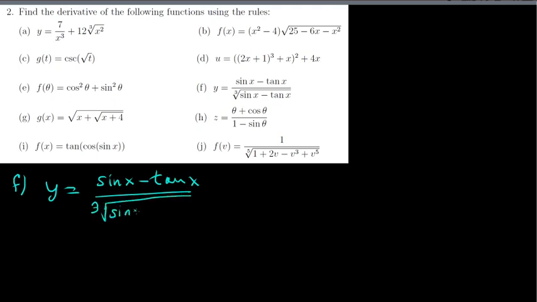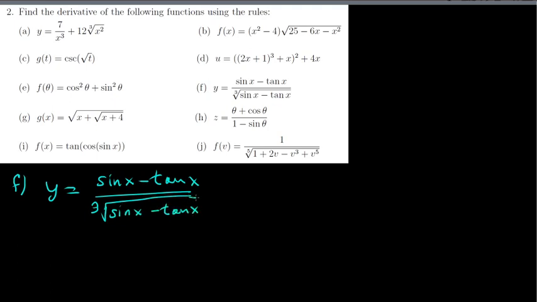All right, so that brings us to F. And I don't think I'm going to work it out for you. Well, maybe I will. But I'll give you certainly a pretty big hint here. Right.